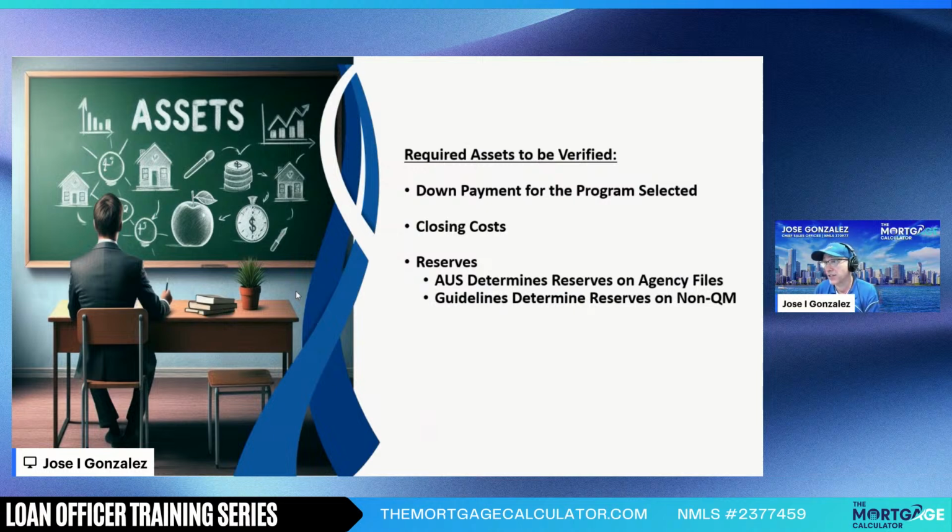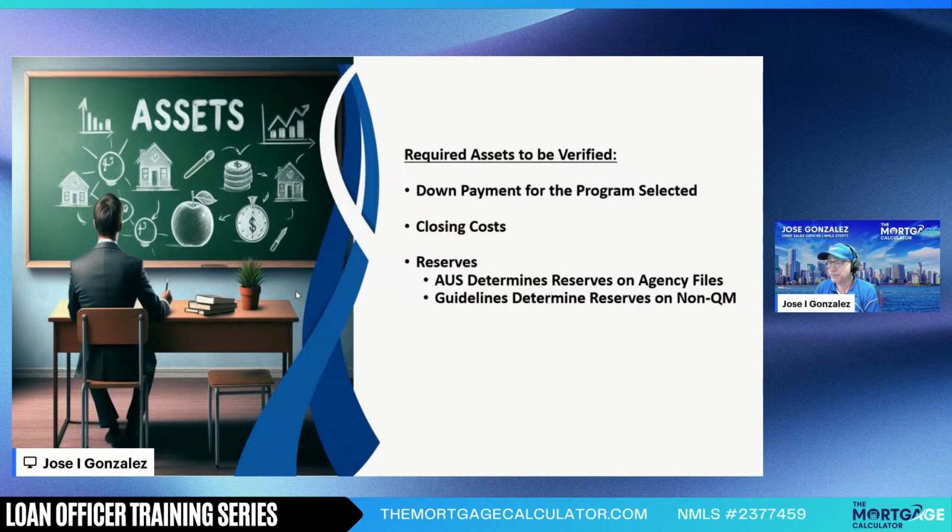On cash out refis, most of the time you can meet the reserve requirement with the cash out proceeds. Sometimes you cannot. And on a rate and term, depending on if it's AUS where you get findings asking for reserves, or if it's non-QM where you definitely will have a reserve requirement, you definitely need to verify assets to meet the reserve requirement.